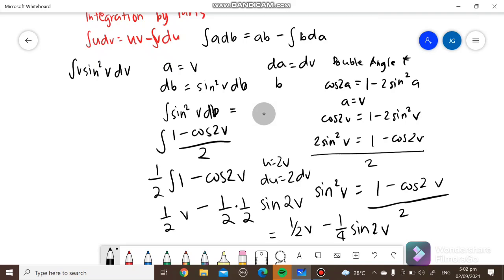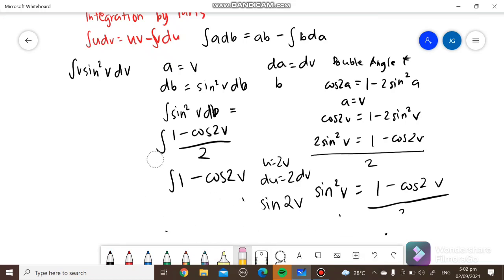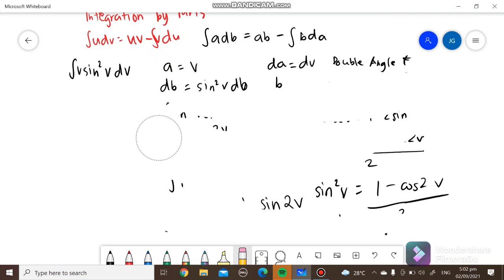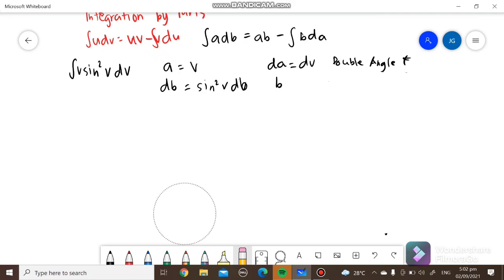So, that will be our b value. So, we got the value of our b, which is 1/2 v minus 1/4 sine 2v. With that, we can plug in our known values to our equation.